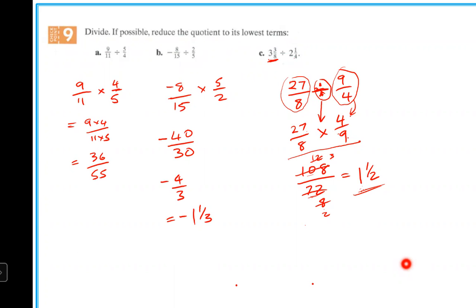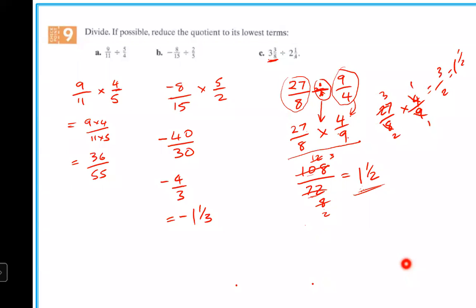Yes, you could do that too. For example, with 27 over 8 times 4 over 9, you could say 4 into 4 is 1, and 4 into 8 is 2. And then 9 into 9 is 1, and 9 into 27 is 3. So three ones are 3, two ones are 2, and that becomes 1.5.